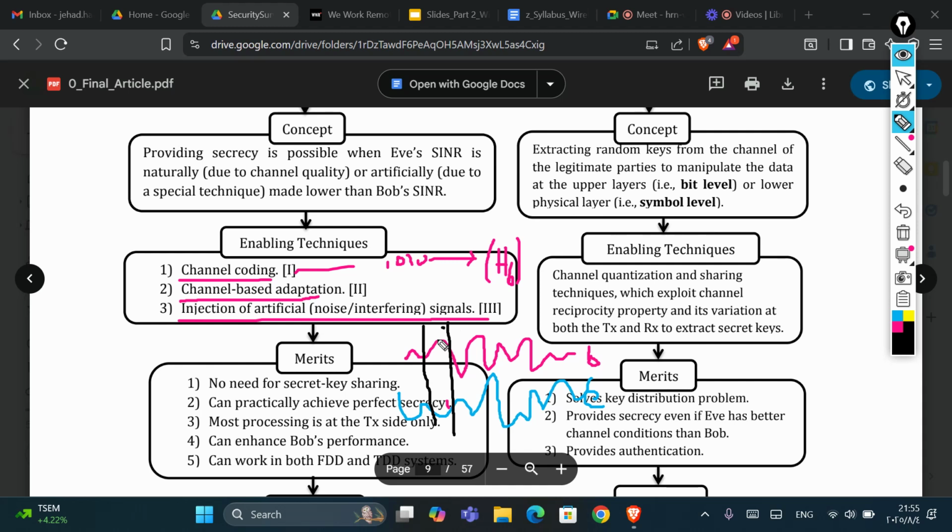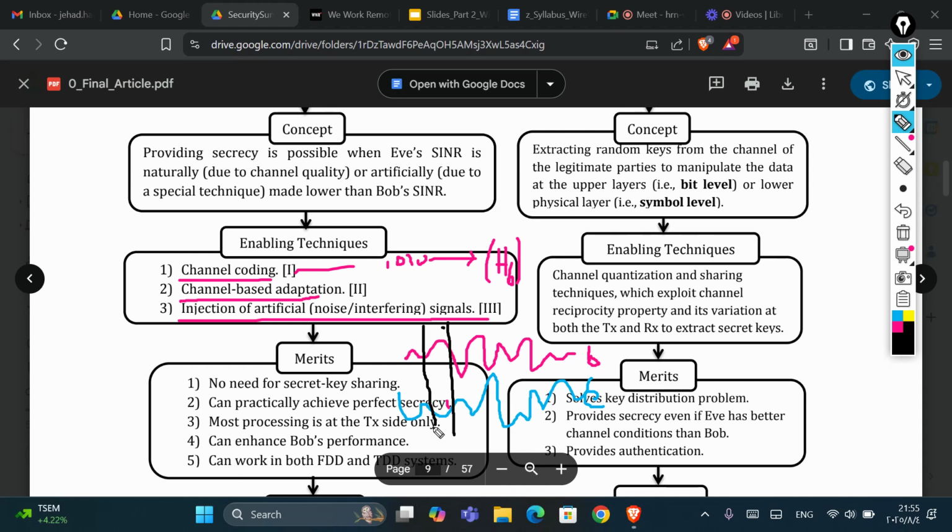So this is an opportunity for us when we discover a period of time or a bandwidth in frequency where Bob's channel is better than Eve's channel. In this case, it's an opportunity for us to send our information.